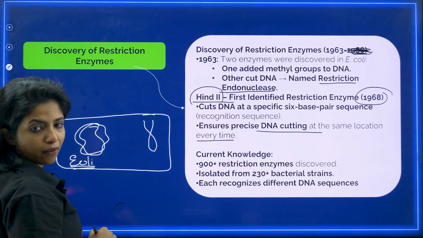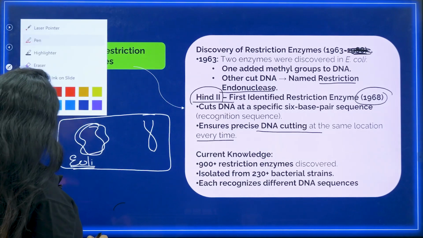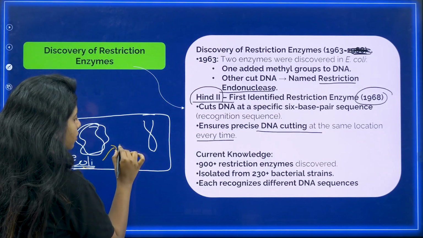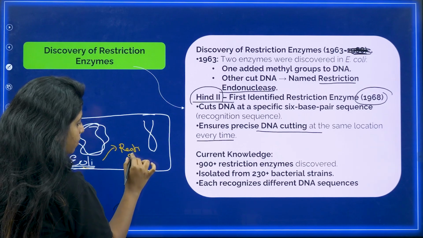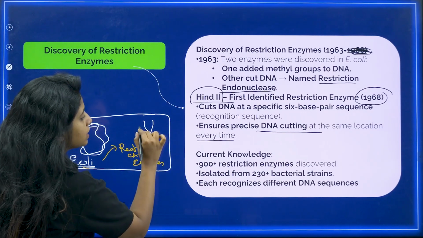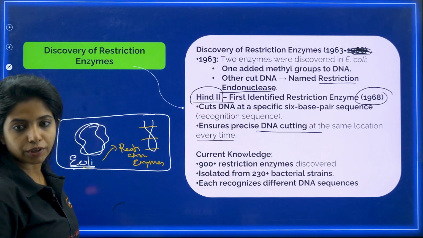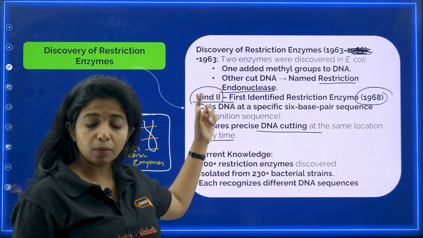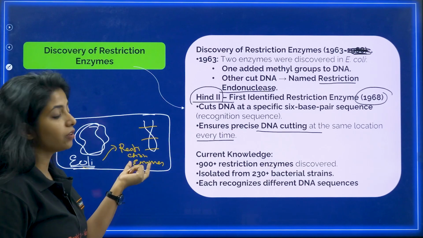E. coli has its own genetic material. So just to make themselves safe, E. coli started producing some restriction enzymes which had the activity to cut the fragments over here. So the genetic material which was inserted by the bacteriophage was cut using restriction enzymes.